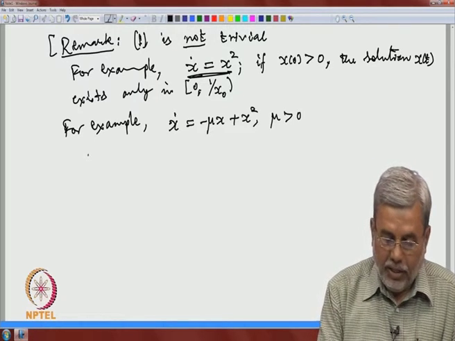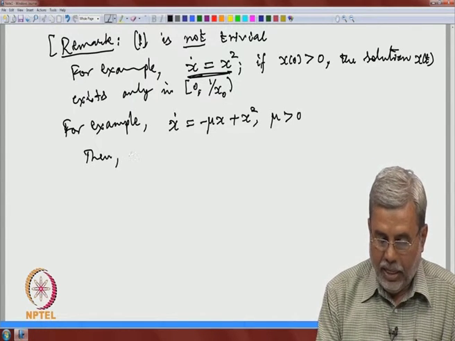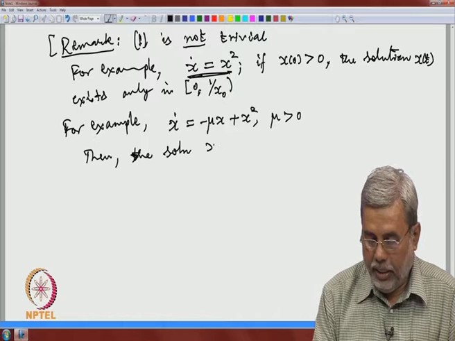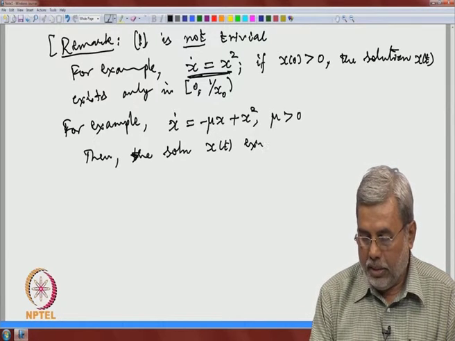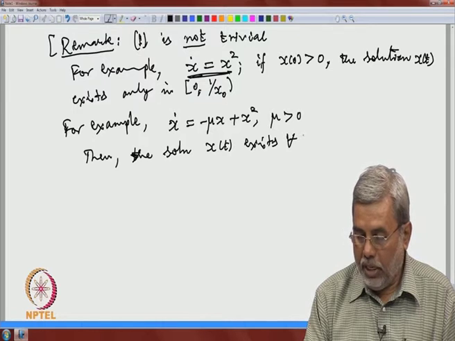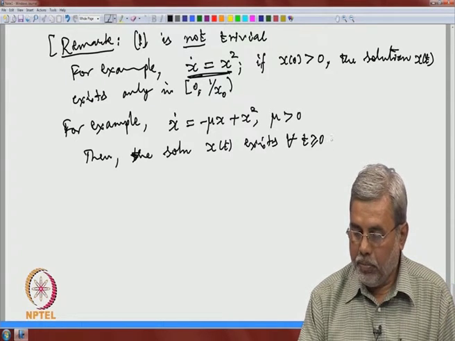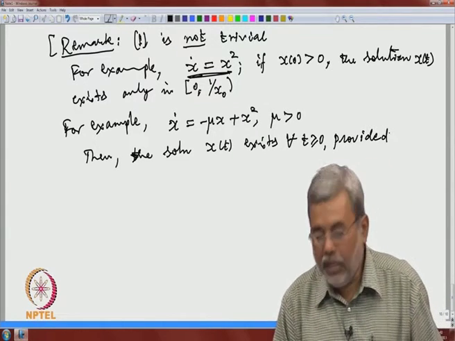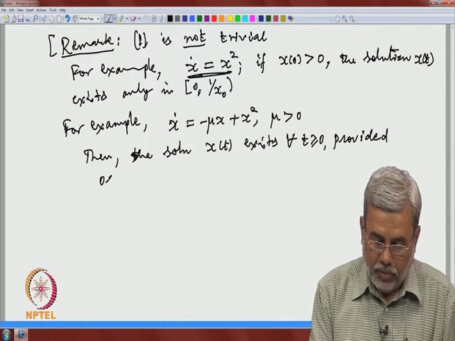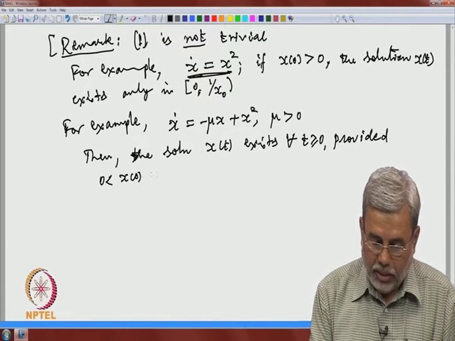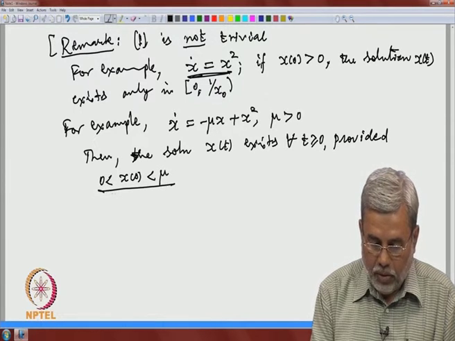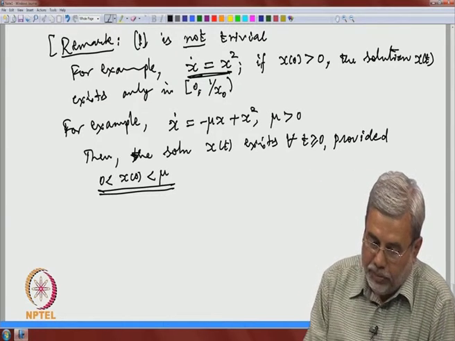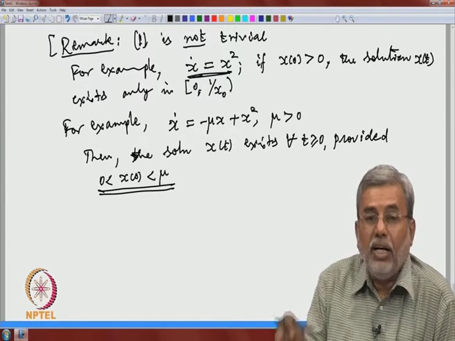Then you can, as an exercise, check that the solution x(t) exists for all t non-negative, provided, this is the smallness we mention in the theorem, 0 less than x 0 less than mu. Once x 0 exceeds mu, you can also check that the solution does not exist for all time.